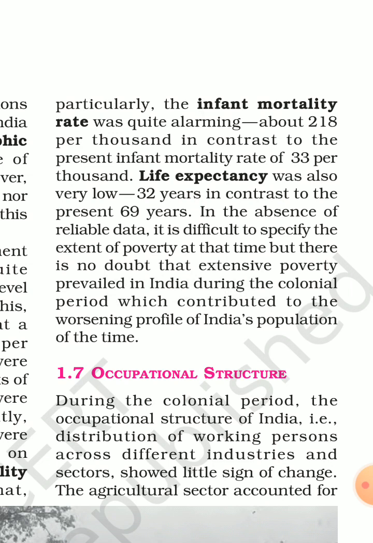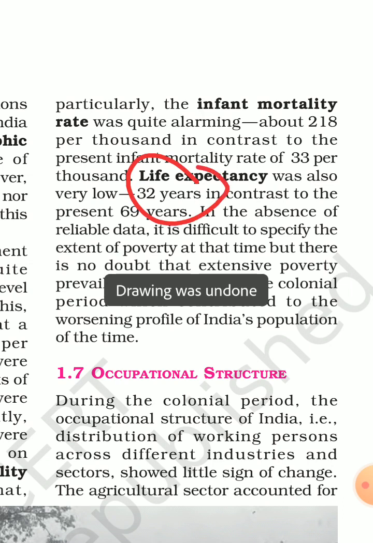That is called life expectancy. So it was low that time, 32 years. Means some people might be living 40 or 45 years, but some might be living 30 years, 20 years. That time the average was 32 years, but now the present data is 69 years. That is quite good, but not that good.